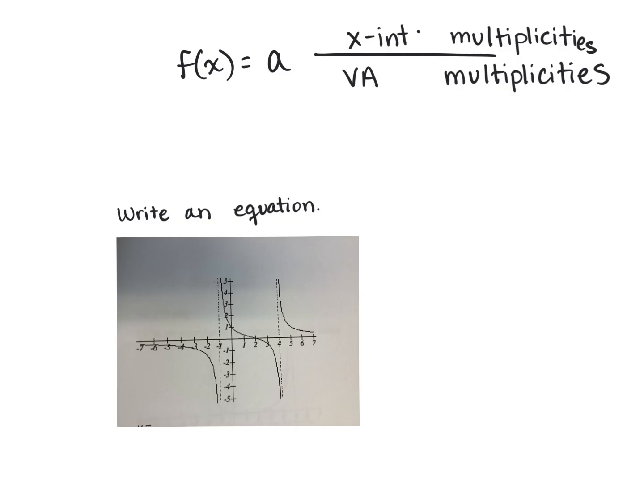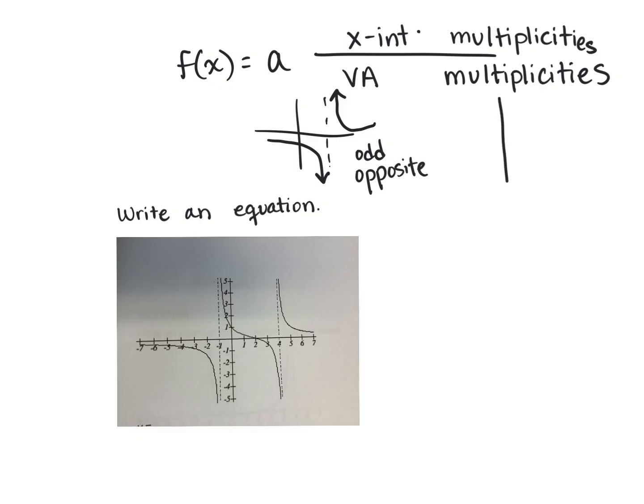For the multiplicities for vertical asymptotes, if you are approaching an asymptote, for example like this, and this part goes down this way, and this part goes up this way, this is an odd multiplicity. So they go in opposite directions, okay?